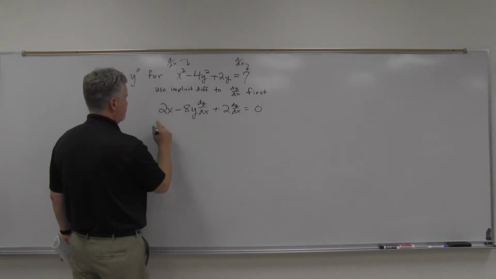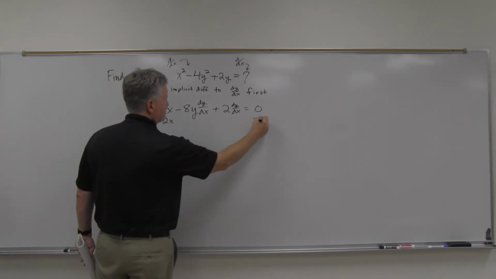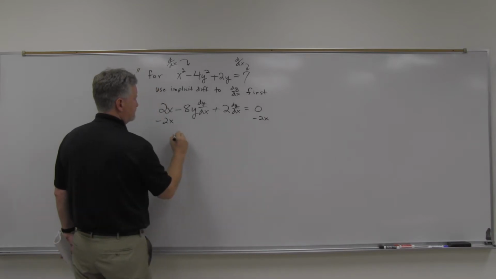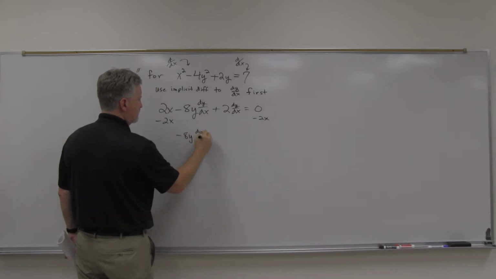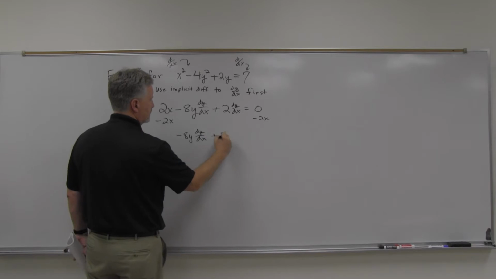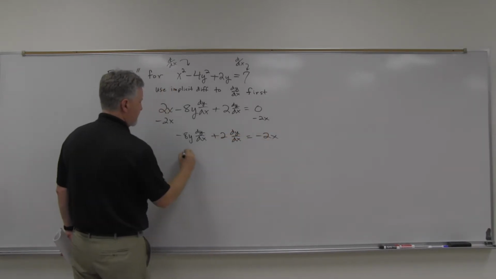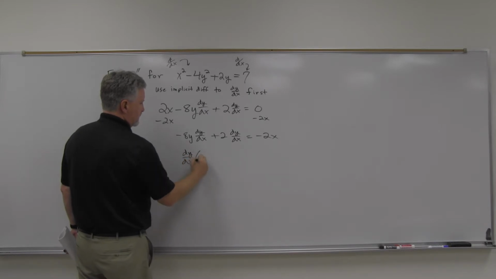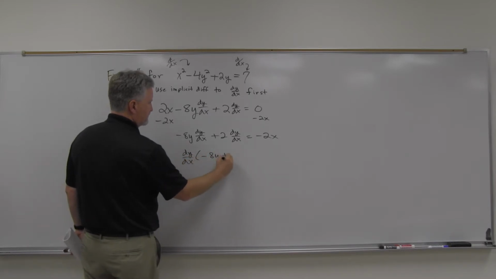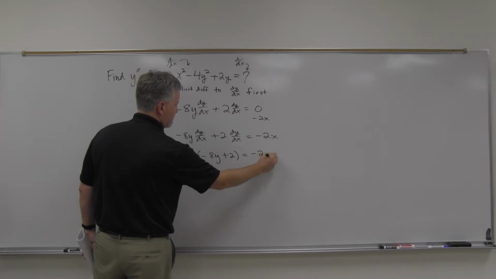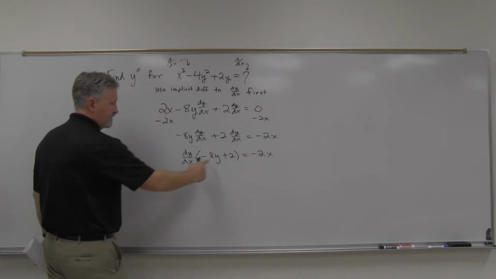dy over dx, leave it here. We're going to subtract the 2x then. And then factor off our dy over dx. Minus 8y plus 2 equals negative 2x. And then just divide that off.